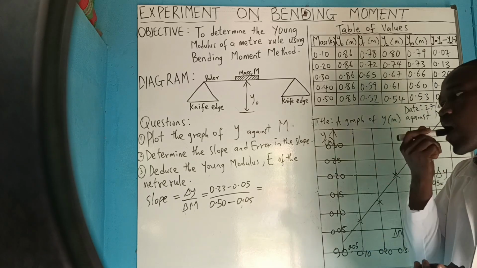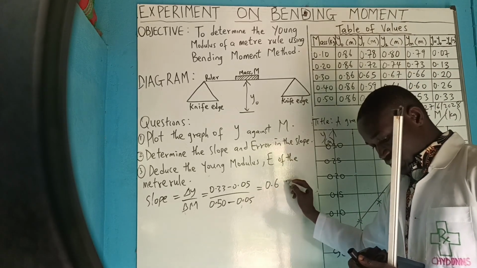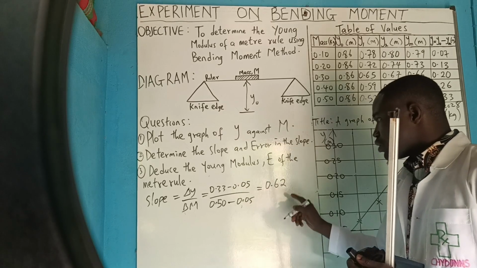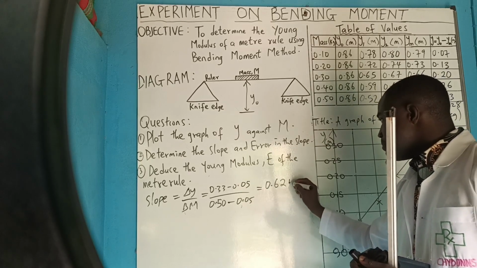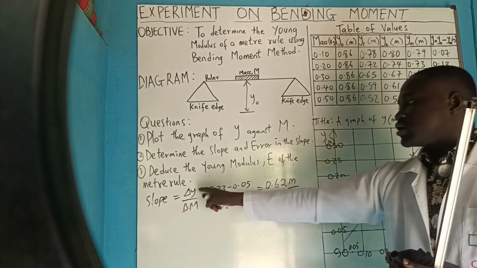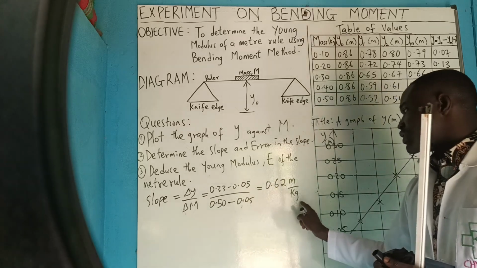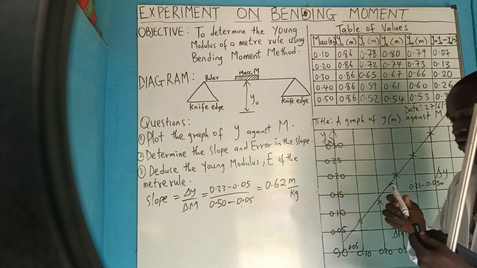So you will be having 0.62 approximately meter per what? Kilogram. Because unit of y is in meter, unit of m is in kilogram. That is how we got our unit.